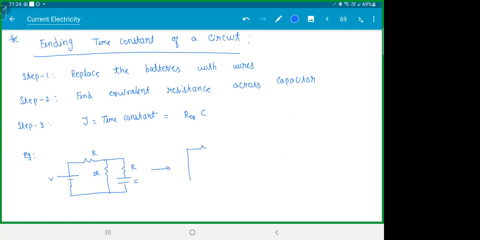The wire has resistance zero. So you are finding the resistance across these two terminals A and B. R, 2R, and R. If you look clearly here, this resistance and this resistance are in parallel, isn't it? I can just rearrange it like this. So this is R, this is 2R, and this is R. So what is R equivalent? 2R and R are in parallel, 2R by 3 plus R, 5R by 3. What is time constant? 5RC by 3.